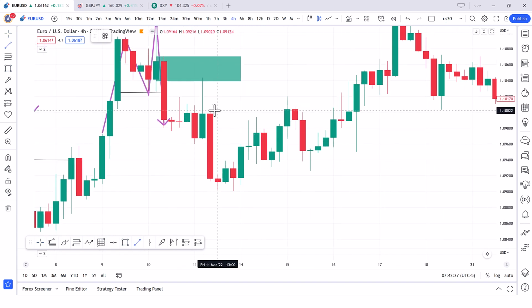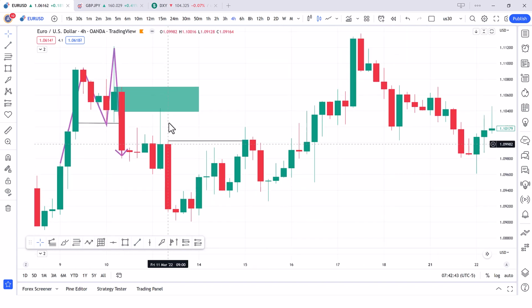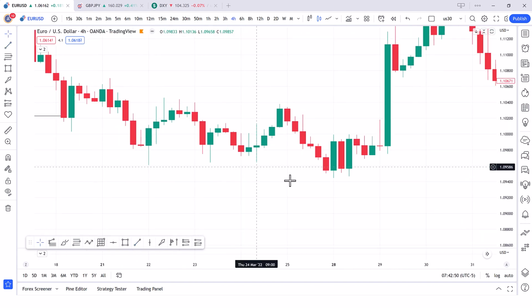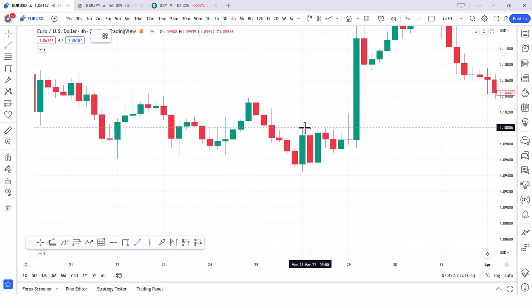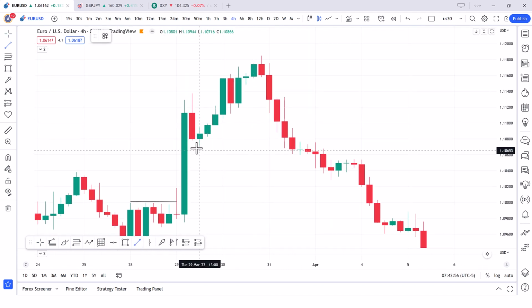Then again the market started to trade upward and made a minor pivot here or here, and again a minor pivot here, and again a minor pivot here, and again a minor pivot here.